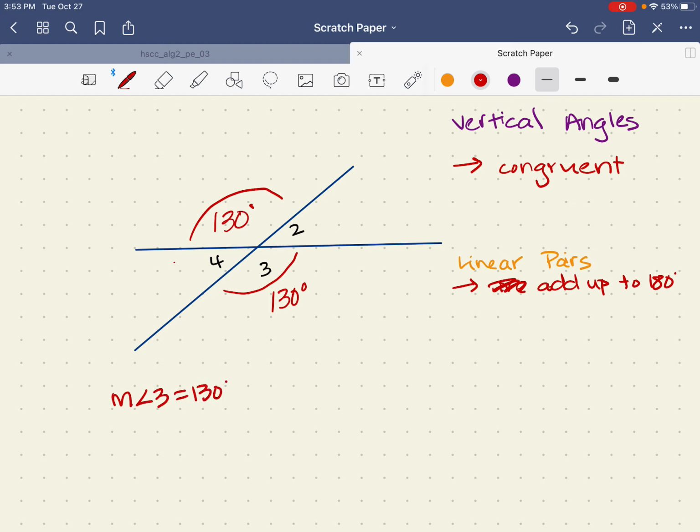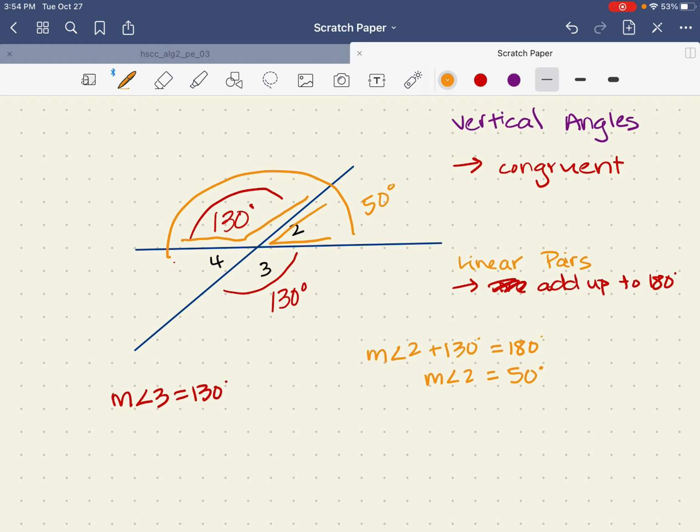And now, using angle 2 and the 130, you know that these two angles are a linear pair. That means you could say the measure of angle 2 plus that 130 has to equal 180. Then you solve it by subtracting the 130 from both sides, and we now know that the measure of angle 2 is in fact 50 degrees. So we can write 50 degrees for angle 2 over here.